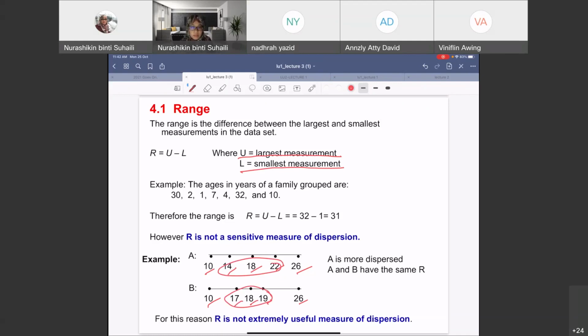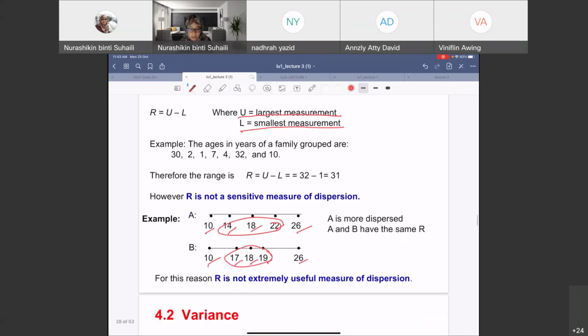So the information of range is good, but it is limited. That's why in statistics we need to find more than range, because range might not be enough to describe the distribution.